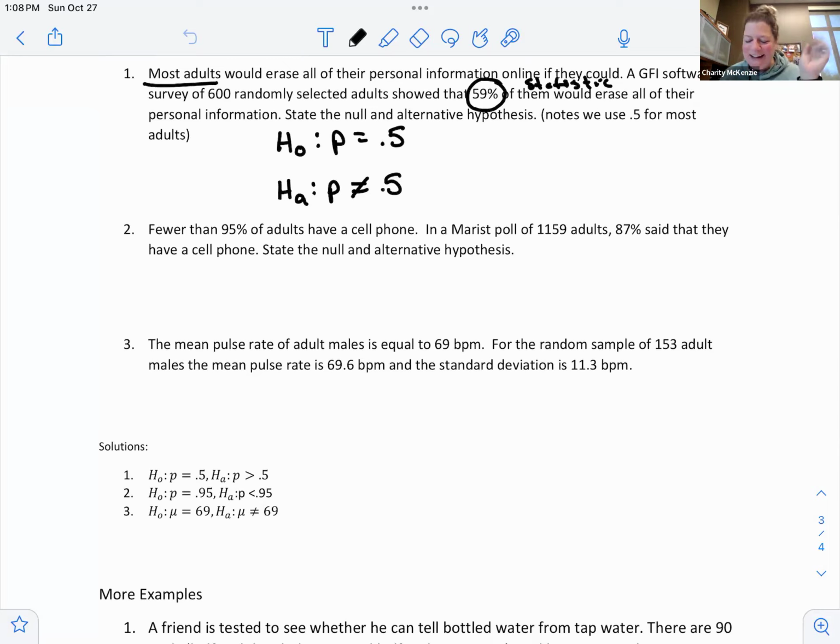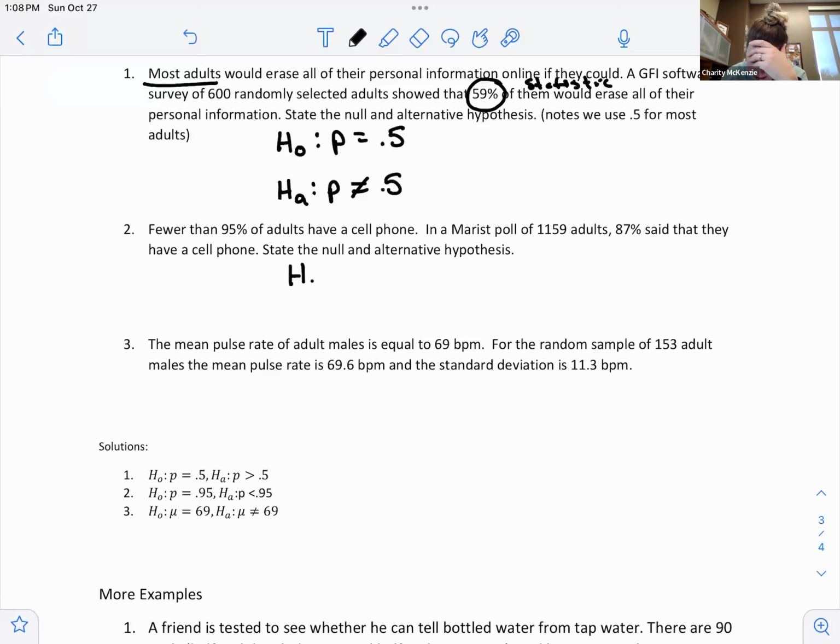Oh well, we're going to go with it. Fewer than 95% of adults have a cell phone. In this poll of 1,159 people, 87% said they have a cell phone. State the null and alternative. Like, everyone has a cell phone now, so this seems silly, but okay.